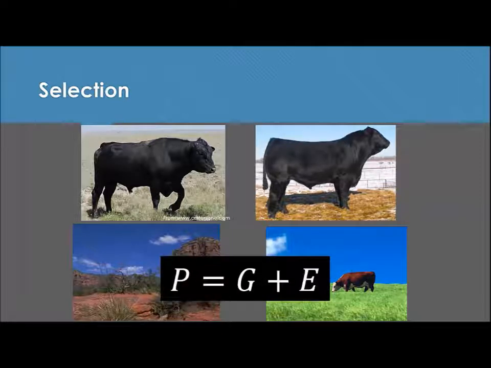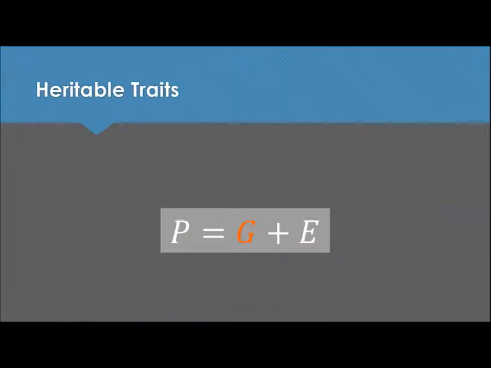If we take a look at phenotypes, or how the animals perform, it's really a combination of genetics and environment. So one of the goals is to figure out how we get at that genetic component separate from that environmental component. Phenotypes are things like the animal's performance. So what are some examples of phenotypes that we might use or see?